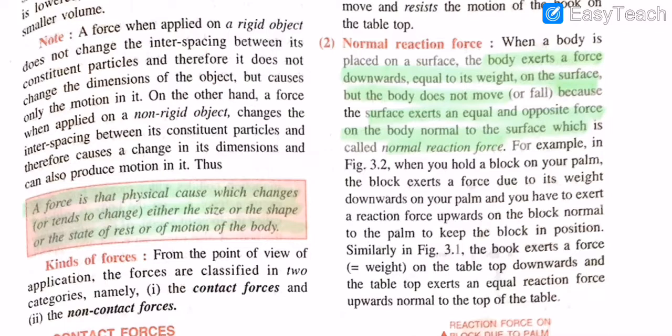Okay, now in kinds of forces you have two kinds of forces, that's contact and non-contact forces. Mark in orange. Now, contact forces: the forces which are applied on bodies by making a physical contact with them are called contact forces. You can mark this in green because honestly by the name itself we can understand what contact forces are.